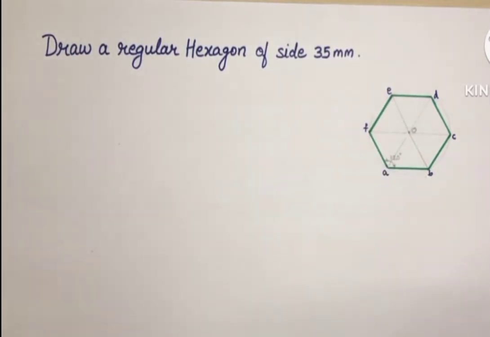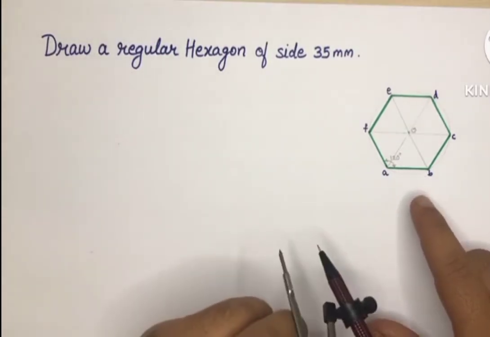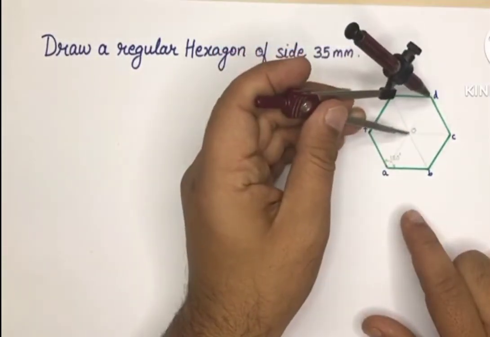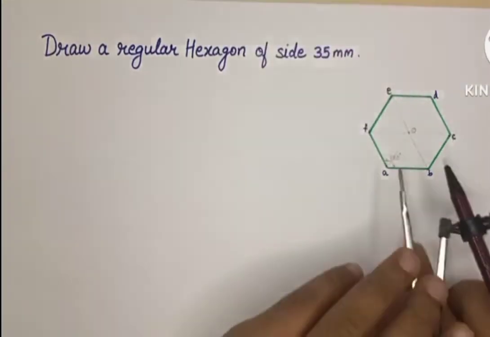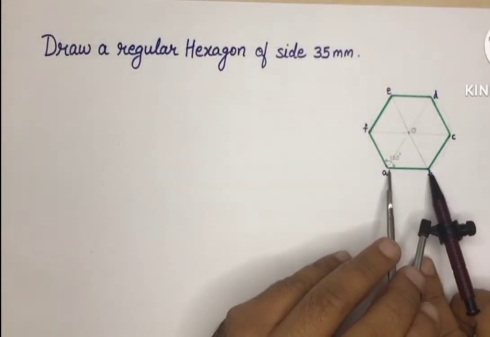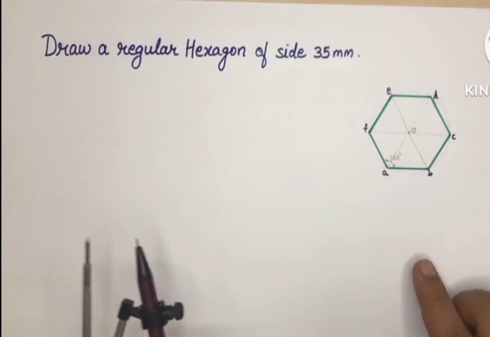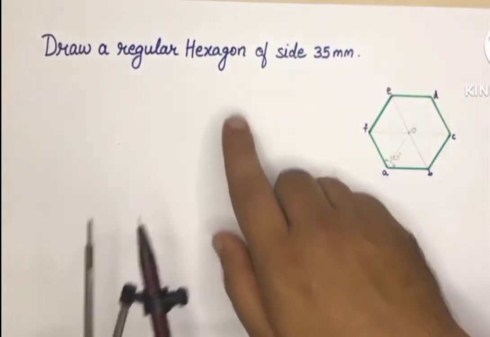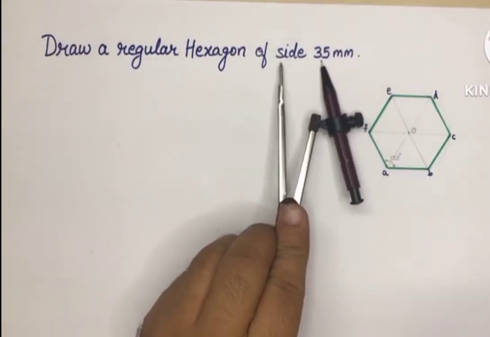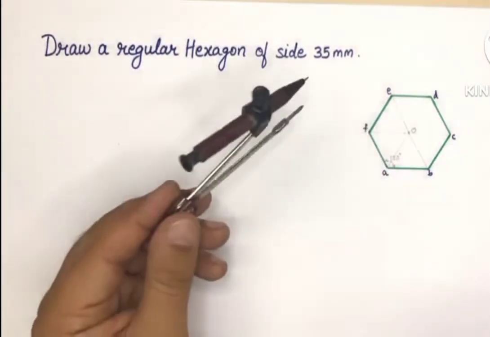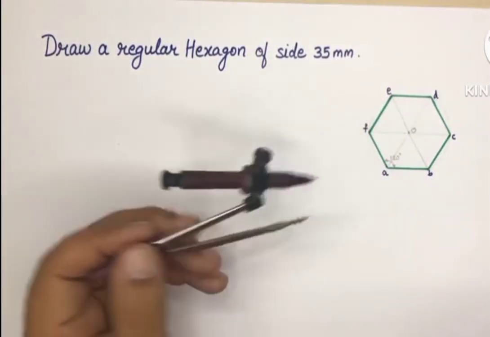So by using this circle method we can draw a hexagon, and here we get to know that the radius of the circle is equal to the side of the hexagon. So while drawing a hexagon we will use side 35 millimeter as the radius of the circle.